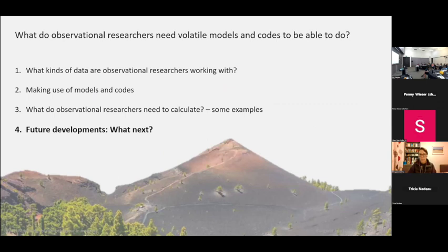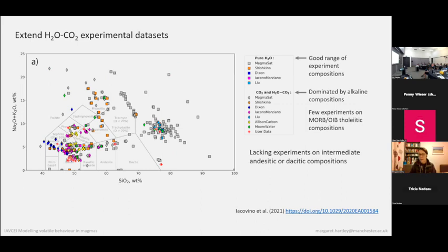So in terms of some future developments, what we might want to do next, we've heard this point already, but we've got a really good range of experiment compositions for solubility of pure water, and we've heard that that's not particularly sensitive to melt composition. So this seems pretty good.